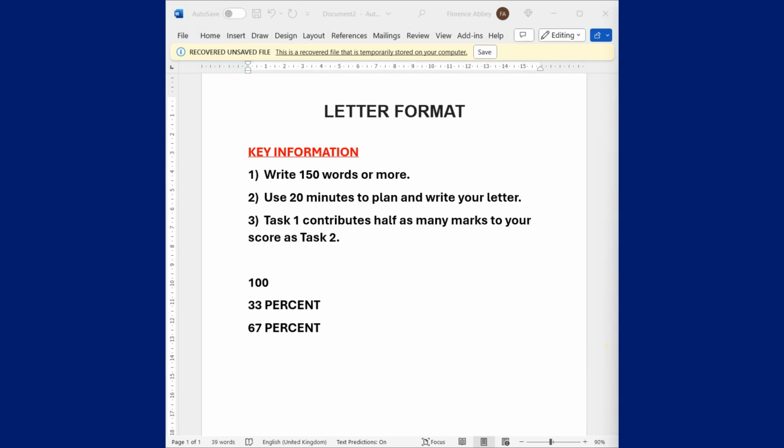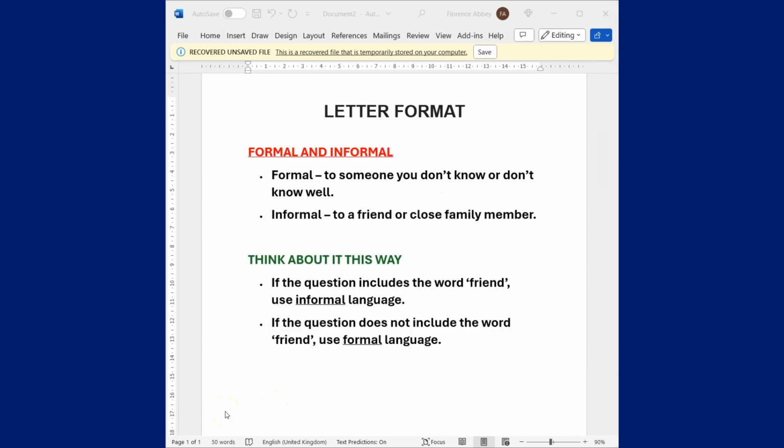Now, in each of the letters that you get, you might write it in 2 different tones. Okay, you might get one of the 2 tones that are very important here when it comes to the Writing Task 1. So you should look at who you are going to write to.